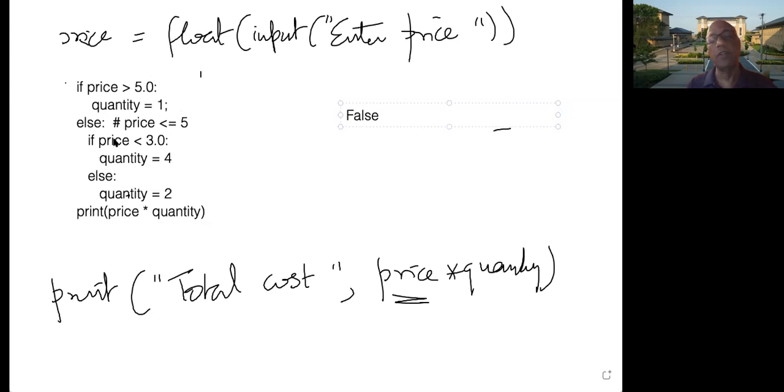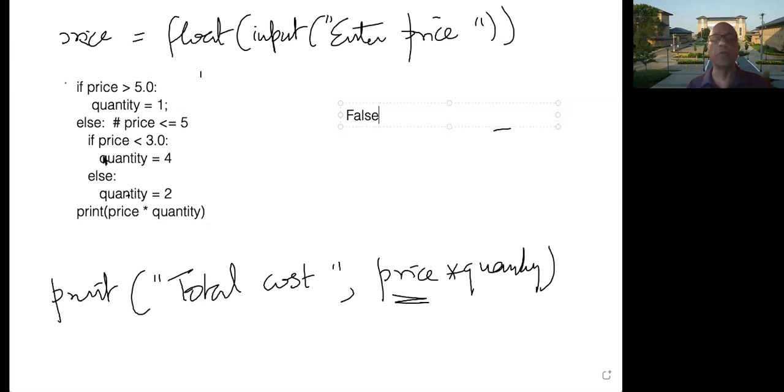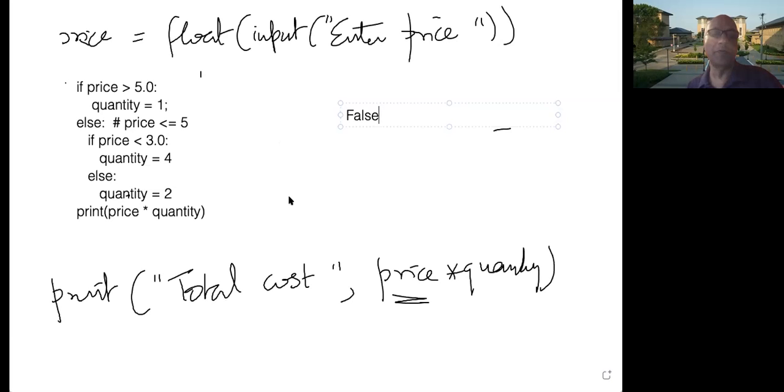Price is 3. 3 less than 3 is false. So that is also false. So quantity will not be set to 4. So it will hit the else, which means quantity will be set to 2. Okay. Is that making some sense now? A little bit, yeah. Okay.